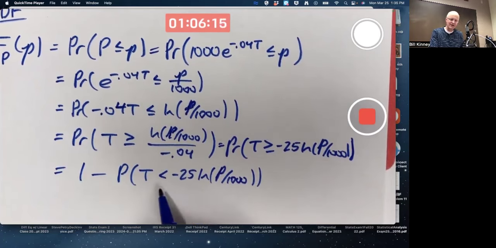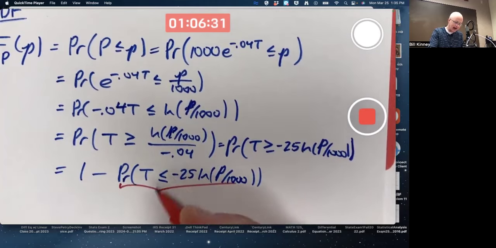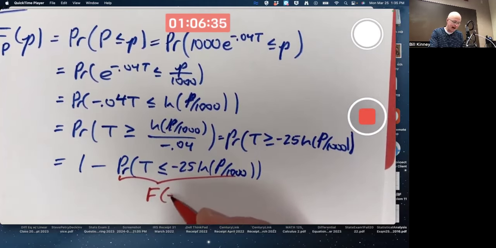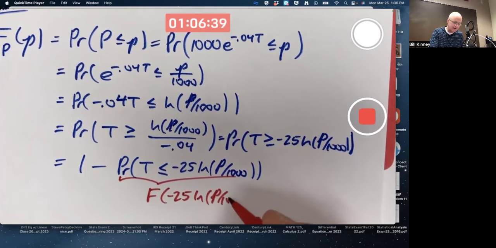And the less than could be converted to a less than or equal to. It's not a big deal, because it's a continuous variable. And, oh, I changed to P instead of PR. Change that to a PR. This is capital F for T evaluated at negative 25 ln of p over 1,000.